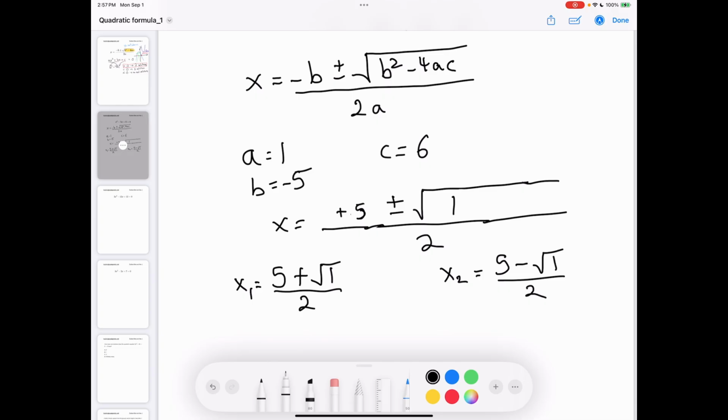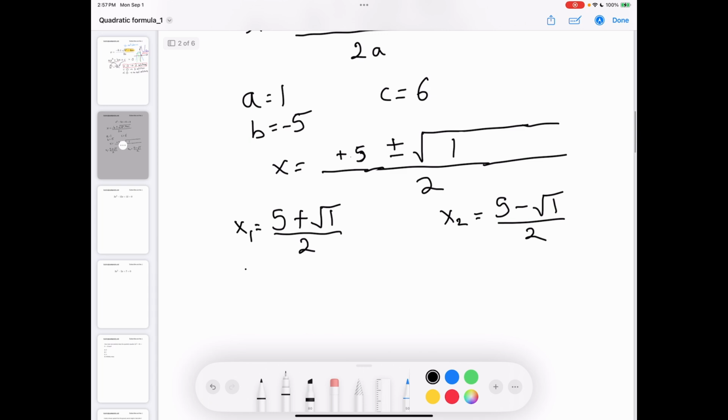So let's calculate x1. The square root of 1 is just 1. And then I have 5 plus 1 on the numerator, and that's just 6. Now I have 6 divided by 2, which is positive 3. So my first solution is positive 3. Now for the next solution, we have 5 minus the square root of 1.